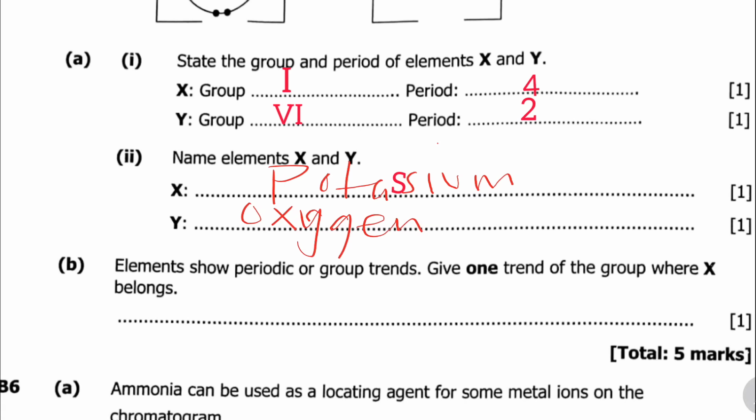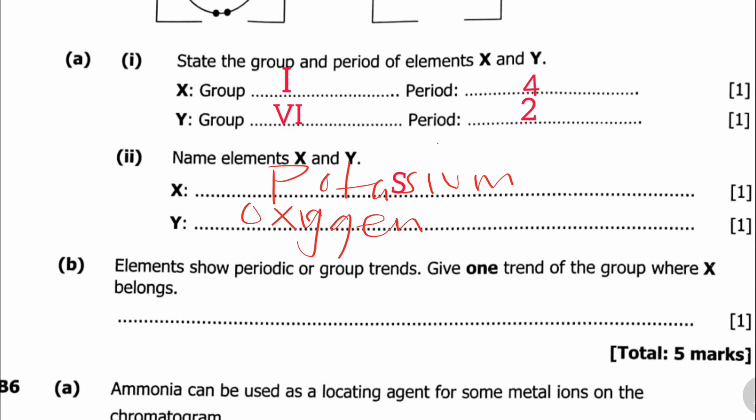Okay, then elements show periodic or group trends. Oh, nice. Give one trend of the group where X belongs. Okay, not group X, of the group. Give one trend of the group where X belonged.